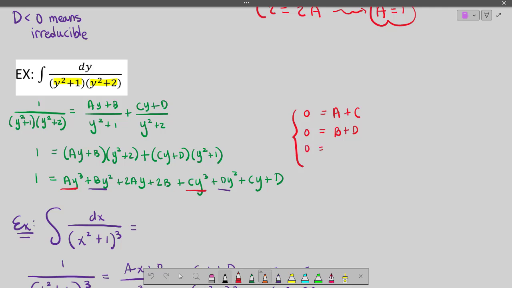And then we come over here, look at y's on the right. There's a y, there's a y. So 2a plus c. And then our last one, constant on the left, constant on the right is there and there. So it looks like 1 equals 2b plus d.